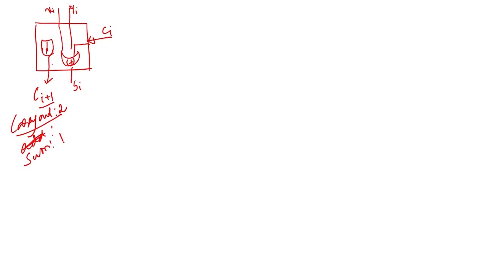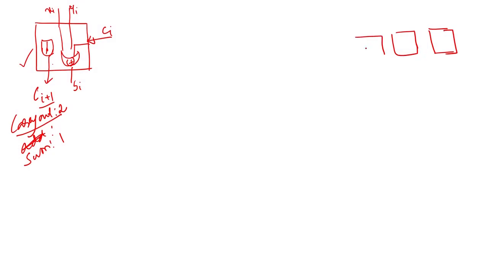Now, if you want to make a 32 bit adder using this structure, what will be the gate delay? So, for 32 bits, this is 1, this is 2, this is 3. You need 32 blocks starting from 0. Okay.